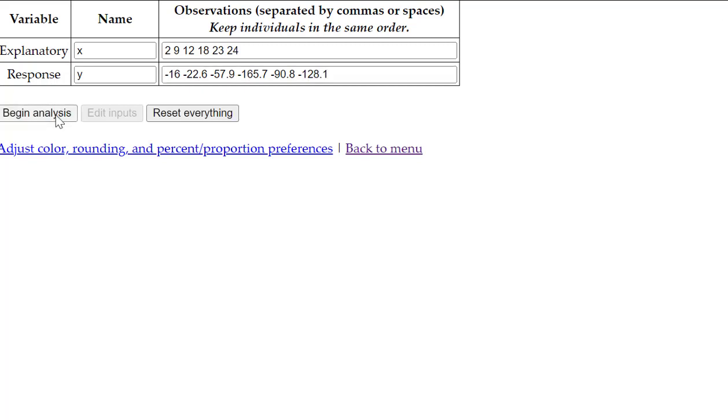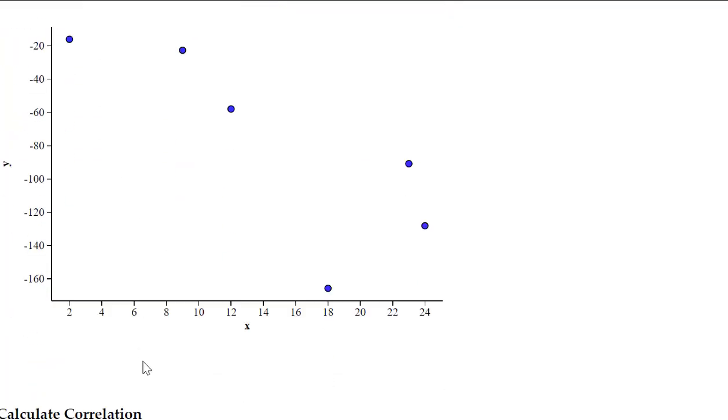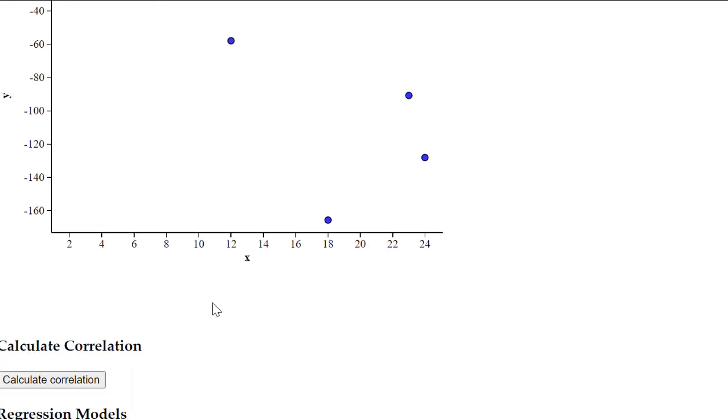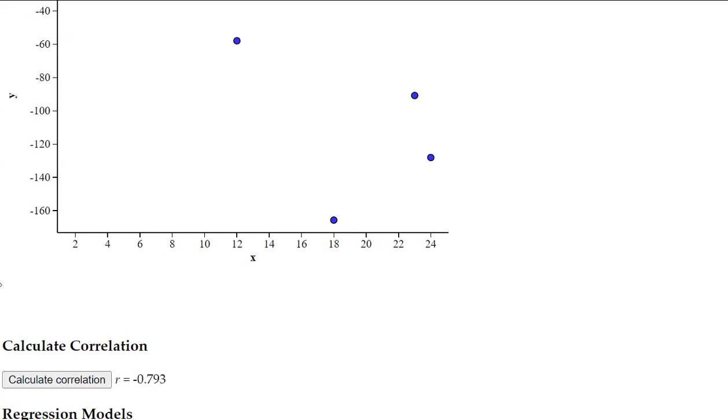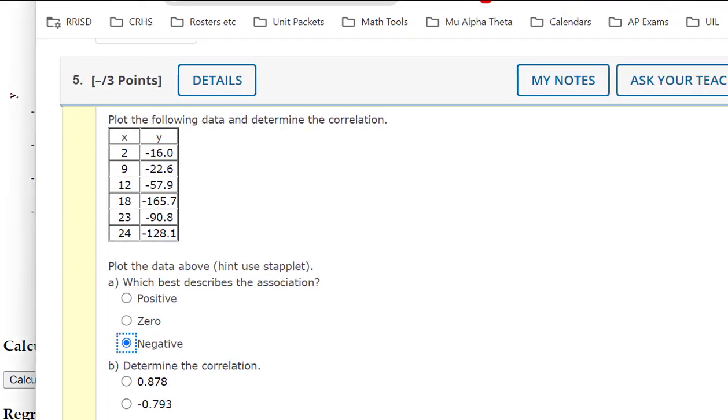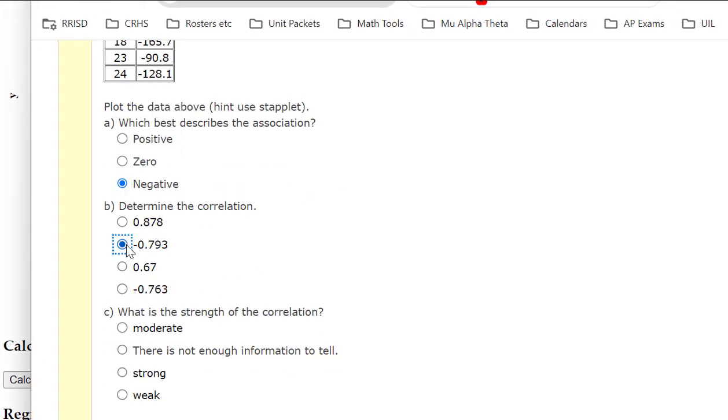And begin analysis. You can see that we have a negative slope, or association. So the slope and the association are the same. Determine the correlation. I'm going to scroll on down and click calculate correlation: negative 0.793. You should see that as an answer choice right there.